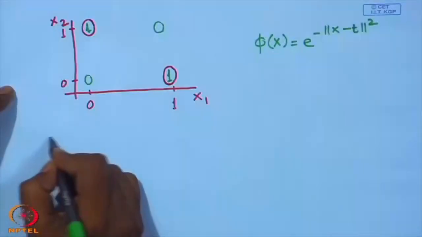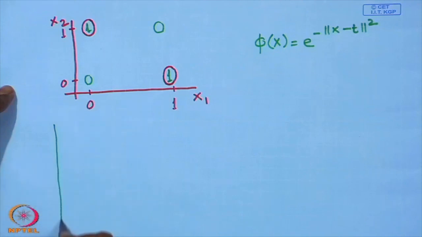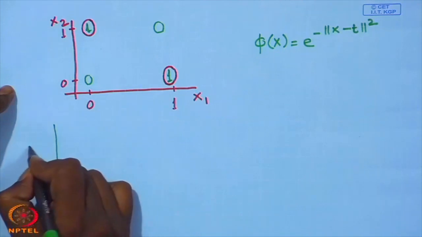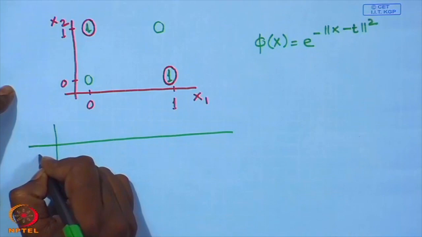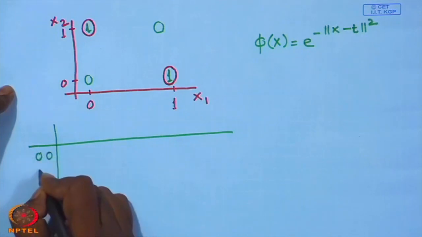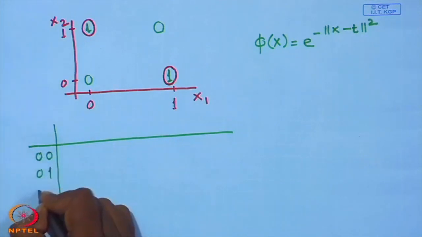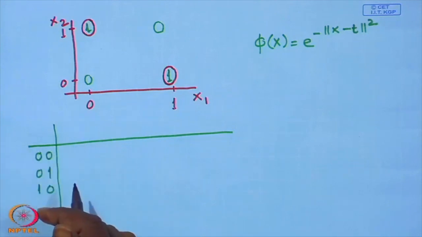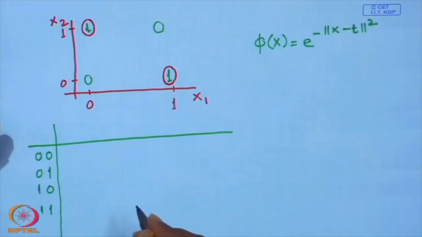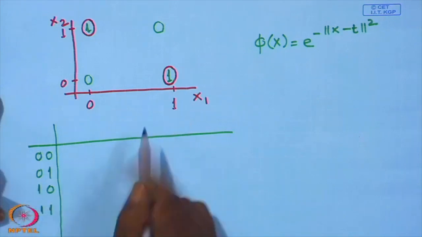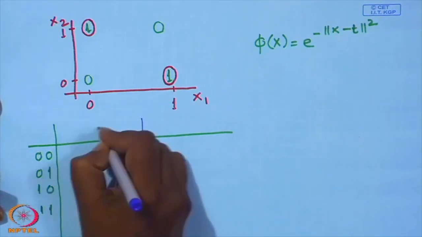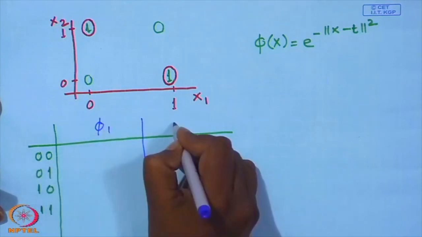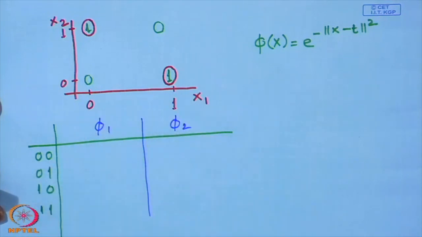I use this nonlinear transformation. So, I will put these inputs, my inputs are 0 0, 0 1, 1 0 and 1 1, and I will have the output functions, one is phi 1 and the other one is phi 2.